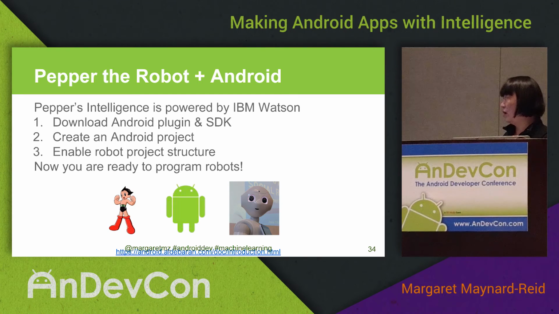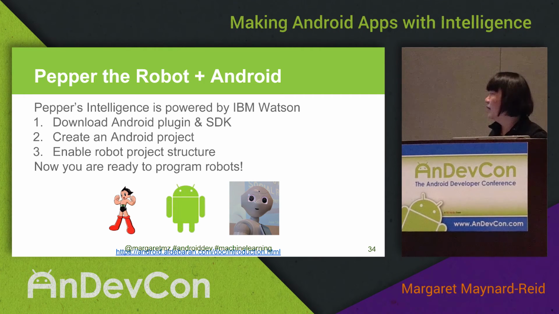So this one is Pepper the Robot. It has intelligence as well, which is powered by IBM Watson. When I say intelligence, for example, you can create a chat with the robot, back and forth. And to play with it on Android, you just download the Android plugin and SDK, and then you can create an Android project, and then you will create a robot project structure, and then you're ready to program Pepper the Robot.